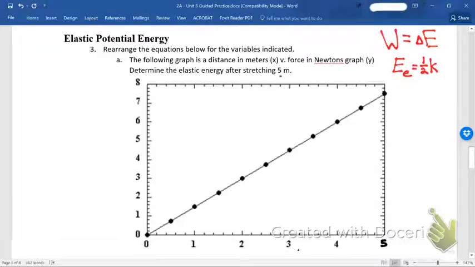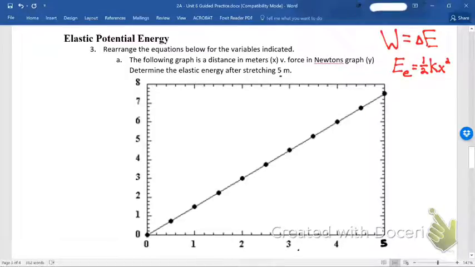We refer to it as the springiness or the stiffness of the spring, multiplied by the displacement squared. Displacement is how far the thing has been stretched from its equilibrium position. It is not how long the object is in total, it's how far it is from its equilibrium at rest position. So that's our equation.